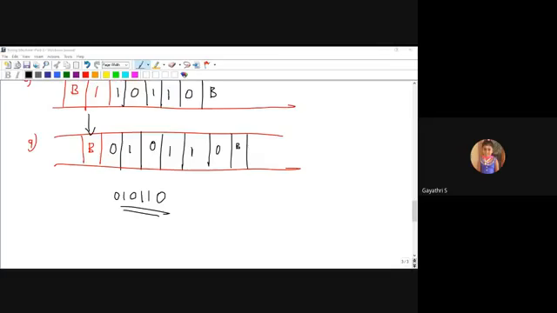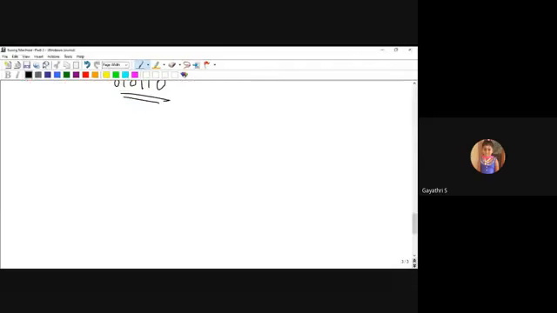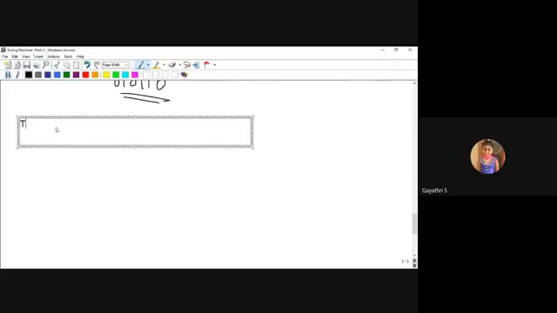So this is the procedure for how to design the Turing machine for 2's complement. Okay. So next step, you have to draw the transition diagram.